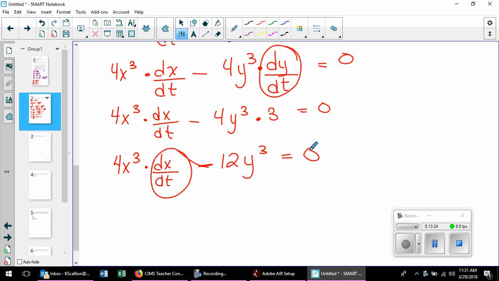All right, here's my problem. I have 3 variables. I have x, I have y, and I have dx over dt, which is the thing I'm trying to find. You know the variable y, because that's also given in the question. What was it? 2. Okay, so we know that.